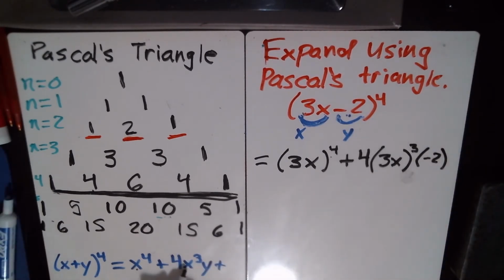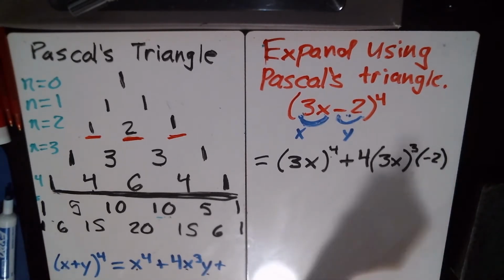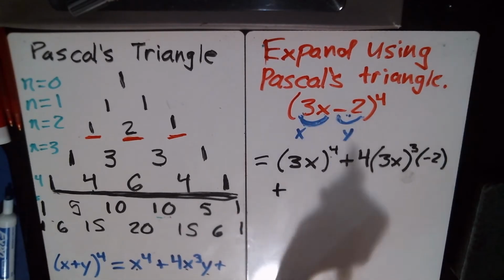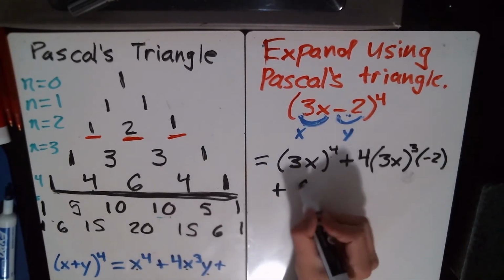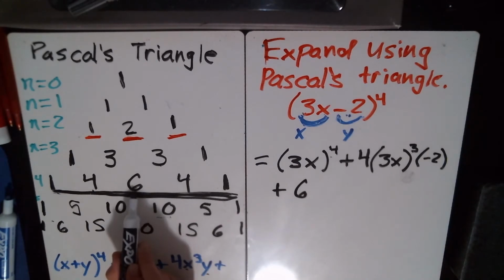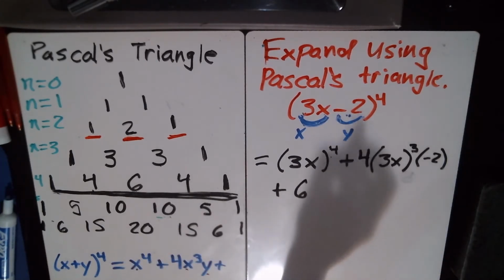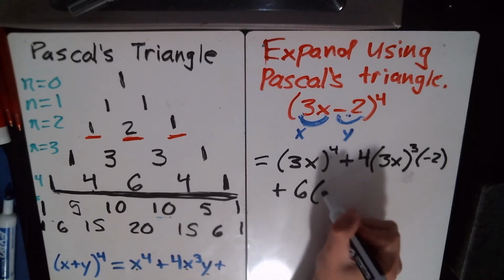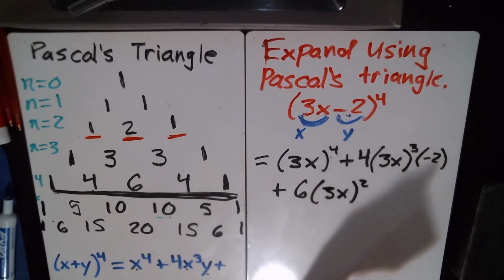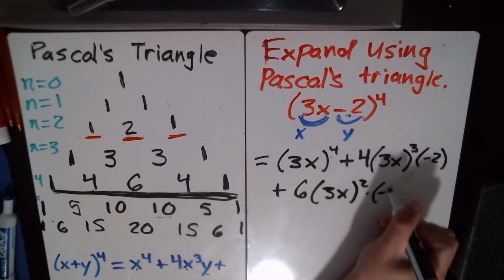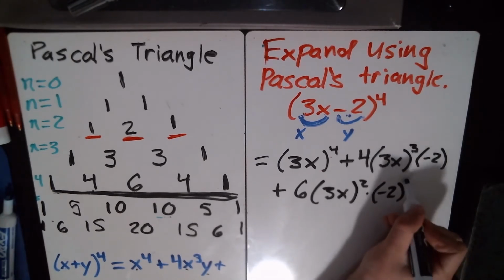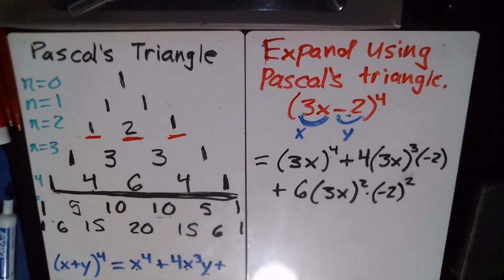I'm just replacing x with 3x and y with -2. And then we keep going. We've got 6 times 3x squared, and then times -2 raised to 1 higher power.